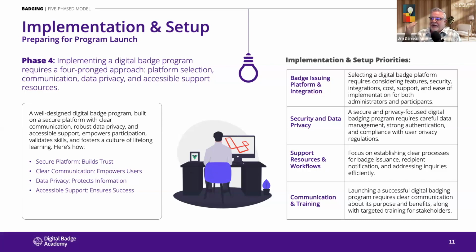So if we just took badge issuing platform selection and integration, that in and of itself comes with a pretty healthy laundry list of things that have to be considered, evaluated, and ultimately implemented.